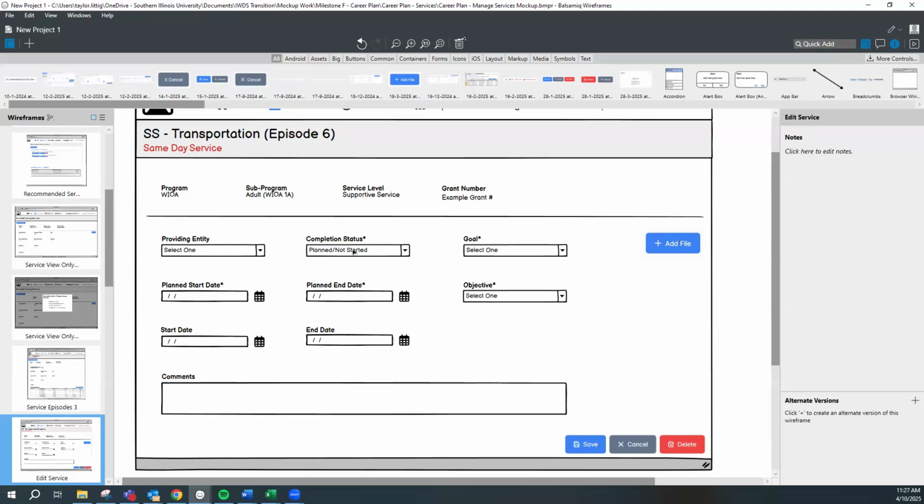But as soon as you switch this from plan not started to open, these gray out and then these open up. So we have some logic in the system to do that for you so that depending on what completion status you select, it's going to let you know which dates you need to fill out when you're editing the service.